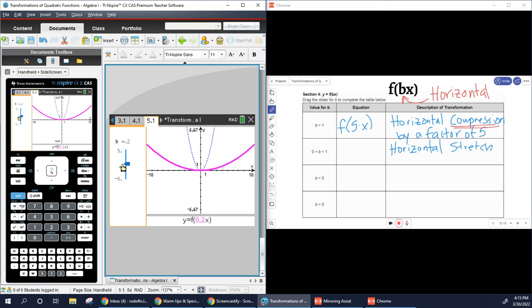Okay. And here we're going to say, let's just say some number. Let's do like 1/5 or a decimal, right? We can multiply it by something. Let's say 1/3 times x. So you're doing a horizontal stretch by a factor of 1/3.